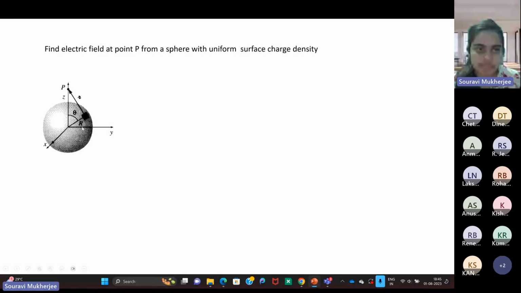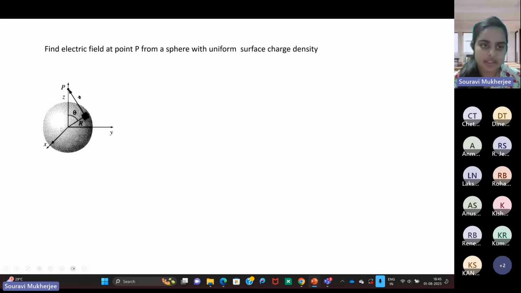See, if you have a disk of some surface charge density, then you have another disk of some surface charge density. Are you considering a disk like this in the XZ plane, or something like XY? If you do it in XY, then it's not correct, because then you have charge all over the sphere, but in this case you have charge only on the surface.